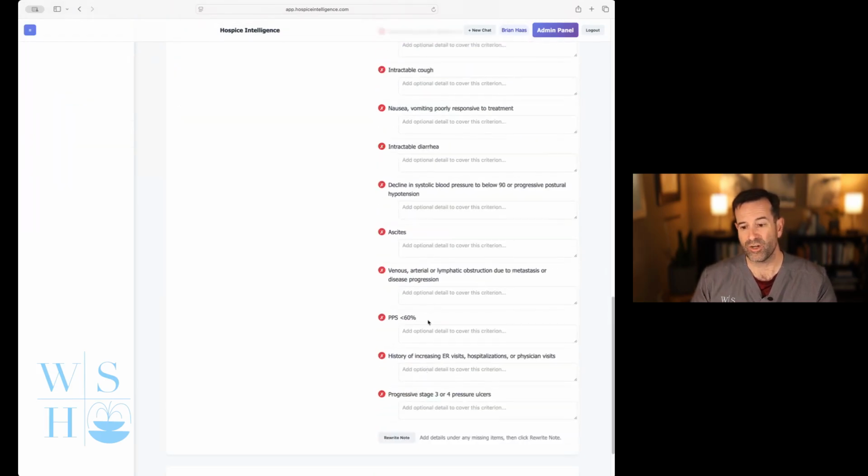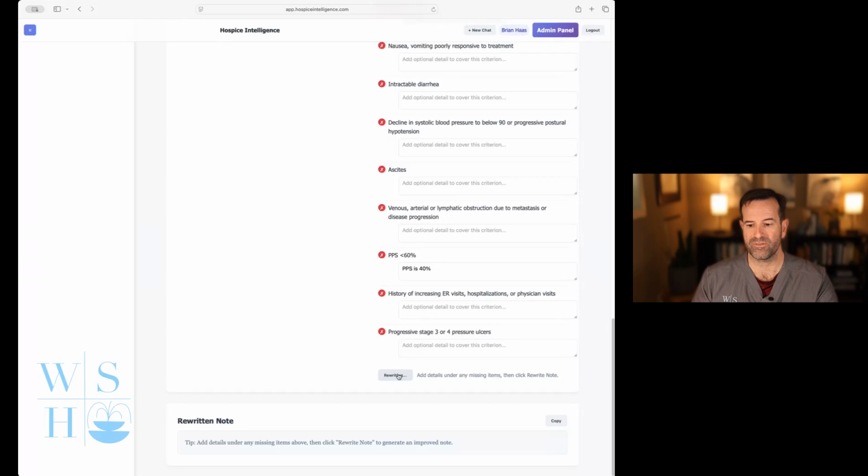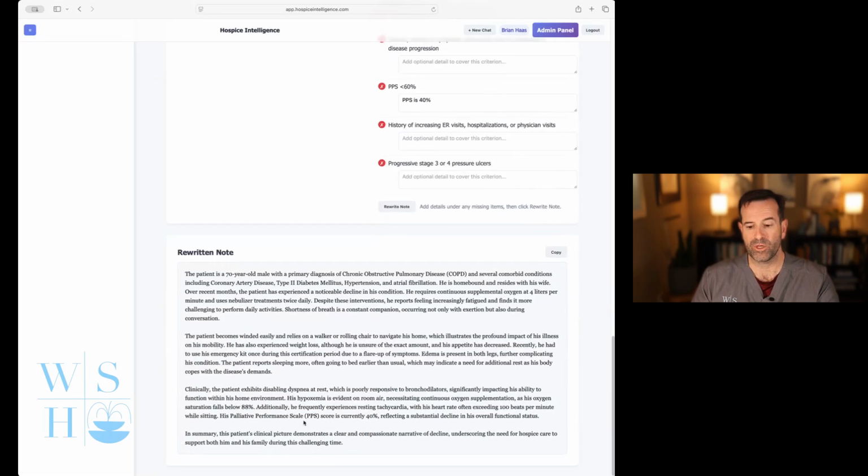Now we can continue to go through this and say that his PPS is 40% to clarify that even more, and then we're going to revise the note. This way the AI will rewrite our note for us, and we'll be able to use this in the future. So let's stop sharing our screen and come back to the rest of our presentation.